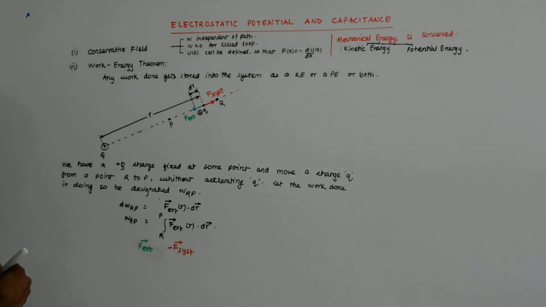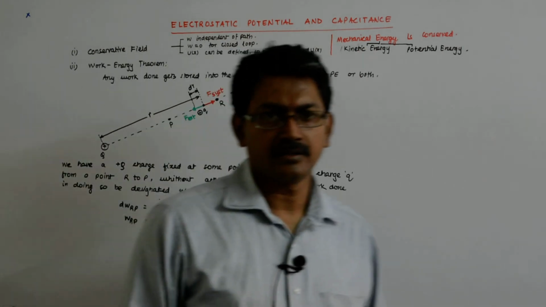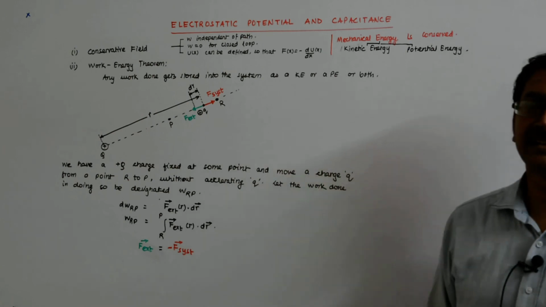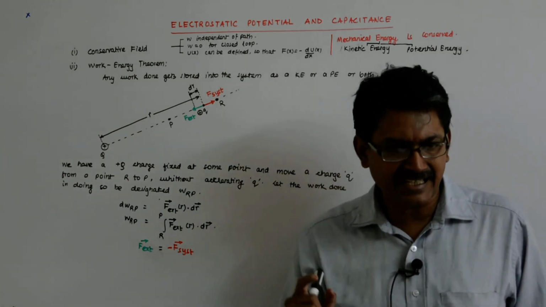So I write them to be almost equal. Though there is an equality sign, there should be a slight approximation because it is not exactly equal.